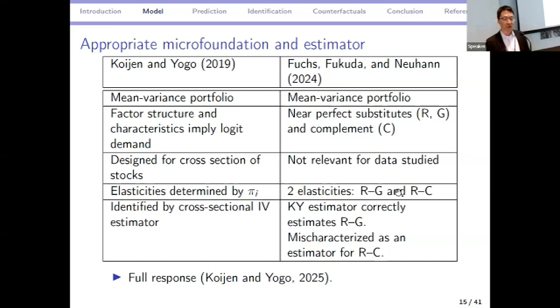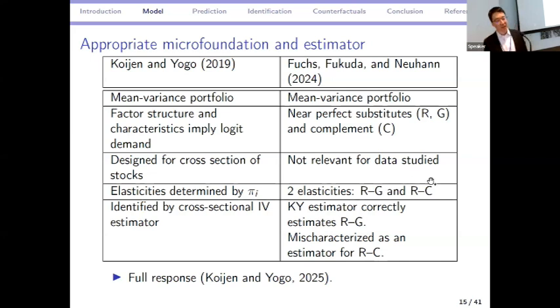In their model, they have two elasticities. The one between red and green, almost perfect substitutes, is going to be very high. And the one between red and the complement asset is going to be much lower, right? Because they're very different assets. So they have two parameters. And then we estimate our pi i through cross-sectional IV, and they estimate it. So in their setting, you have to be clear about what you are trying to estimate: between red and green, or red and the complement.